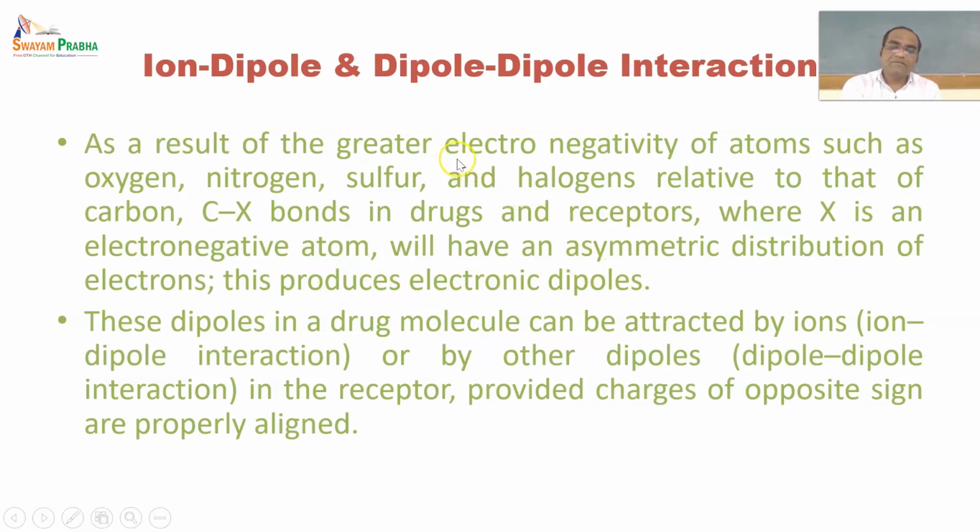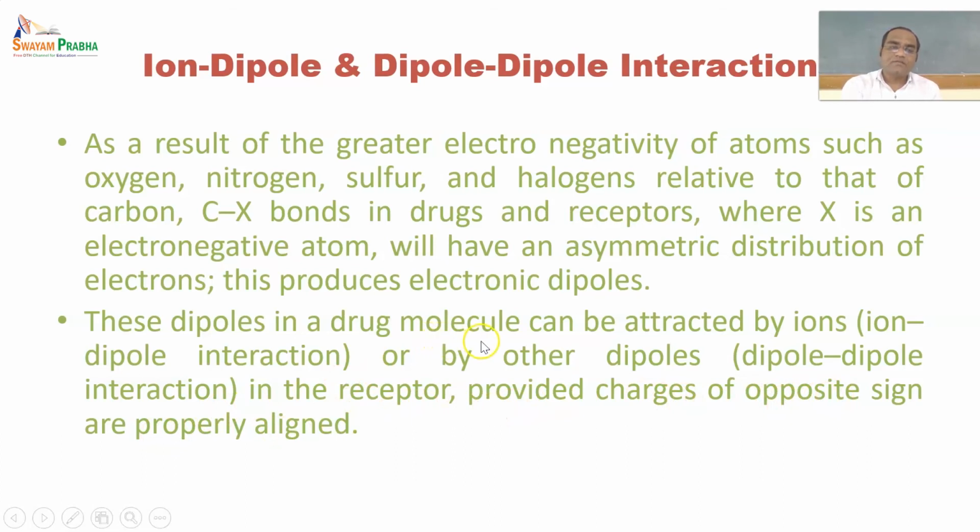So basically it means like an inductive effect: when an electronegative atom and an electropositive atom are attached, it will show a dipole moment. And these dipoles in the drug molecule can be attracted by ions or by other dipoles in the receptor, provided the charges are of opposite sign and properly aligned.